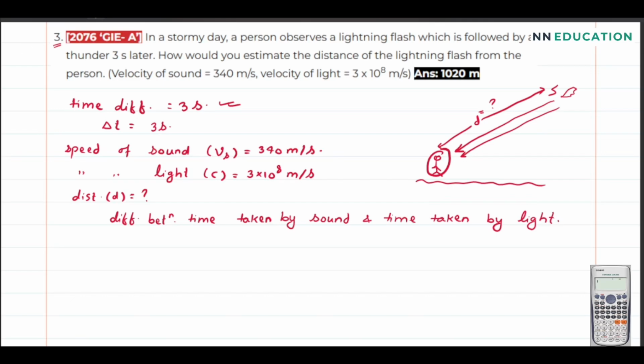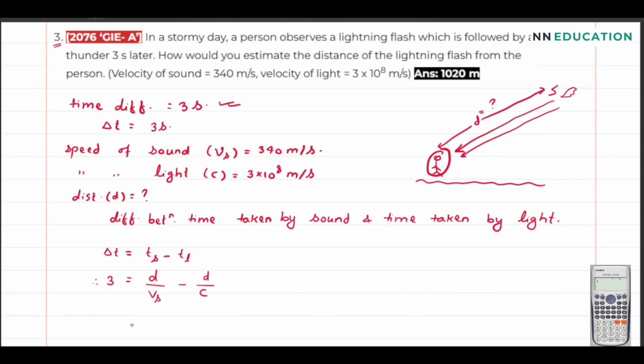So from the equation we can write delta t equals time taken by sound minus time taken by light. We are given the difference is 3 seconds, so we put 3 over here, and then distance divided by velocity of sound is the time taken by sound, minus distance divided by velocity of light, denoted with the symbol c.